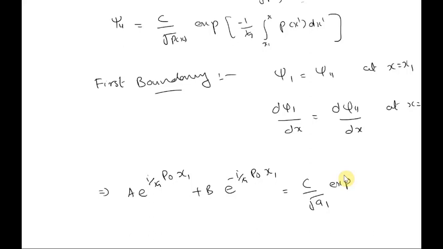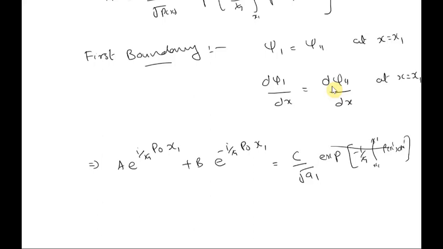Now the exponential, minus 1 by h cross, integral x1 to x of p of x prime dx prime. Once you put x1 over there, that quantity is going to be e raised to 0, and that will not be there in that expression. So this is going to be the first equation that you get.